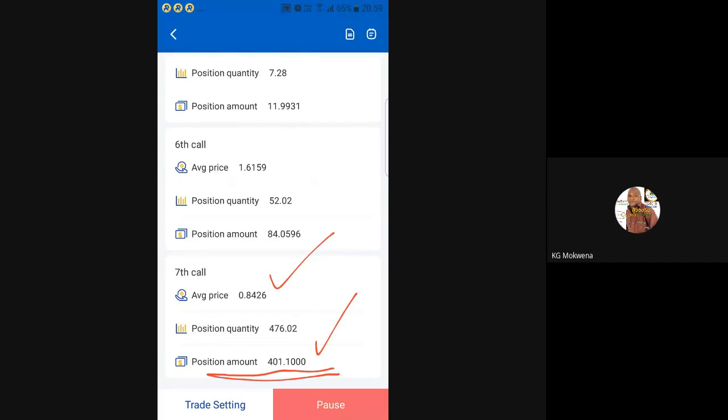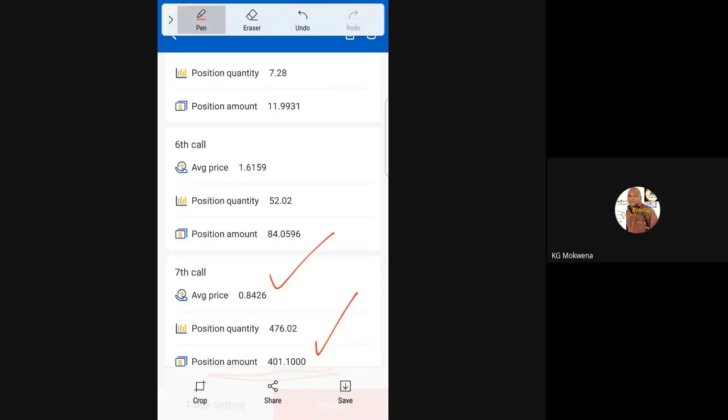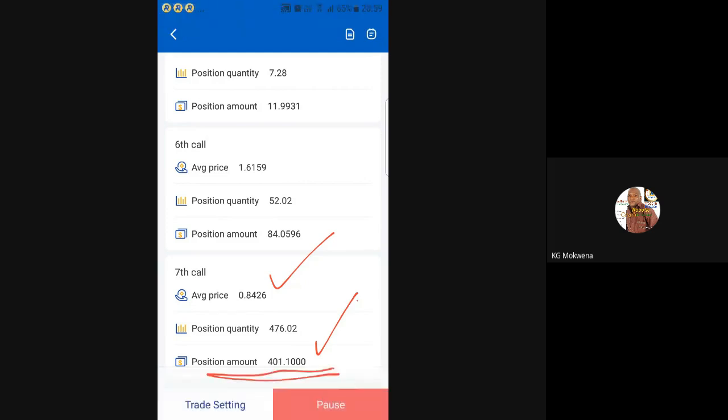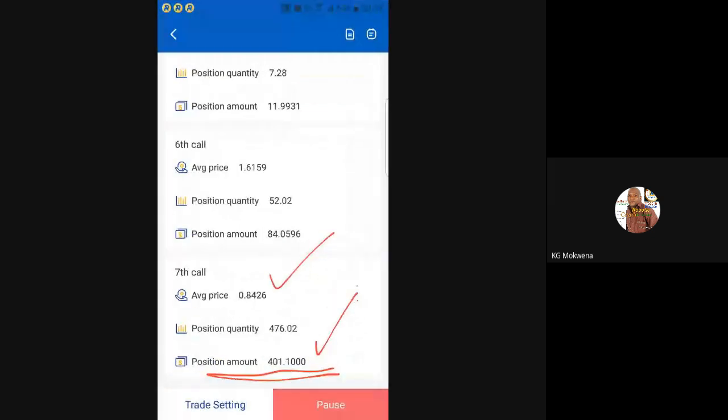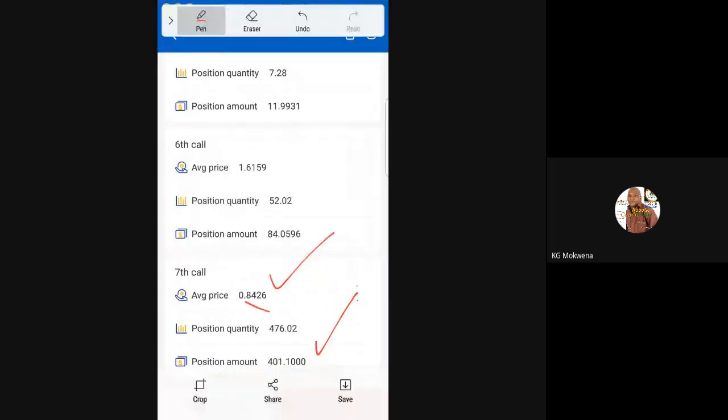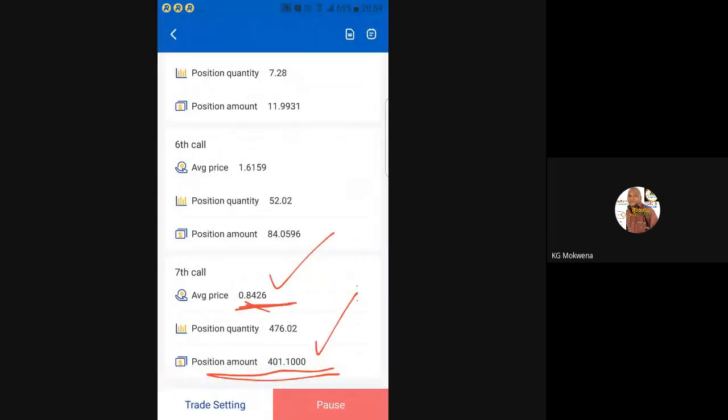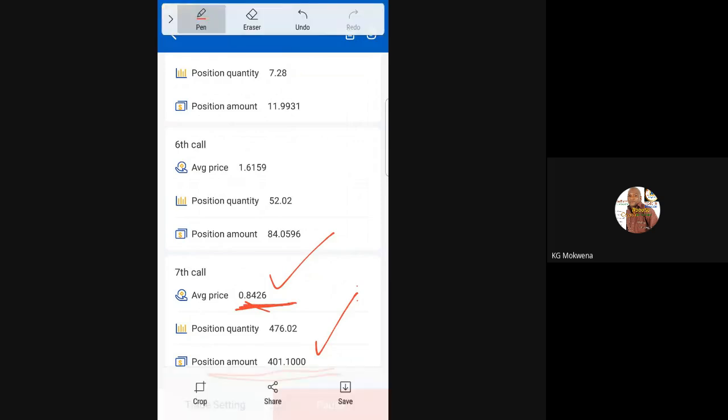So this is what is happening. Sometimes a little bit more, a little bit less, but it will not be so huge. The difference will not be much in essence. So yeah, that's it, business partners. We have our position there, and the average price is what will determine whether we are in a floating profit or in a floating loss tomorrow.